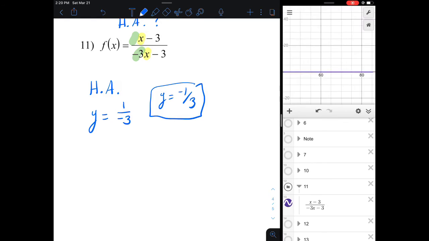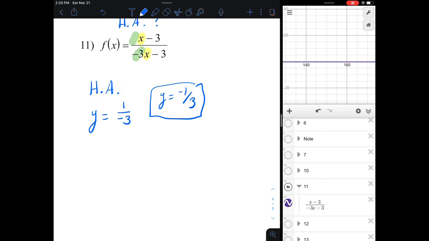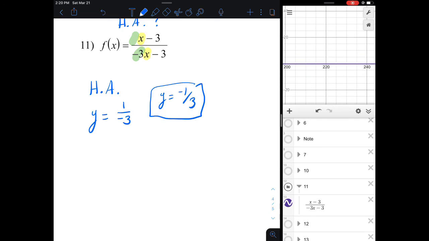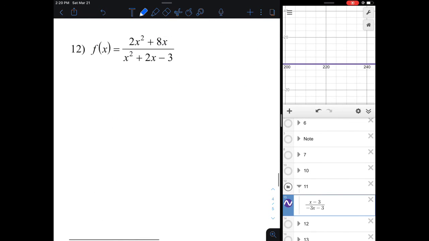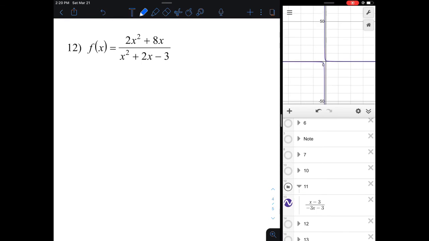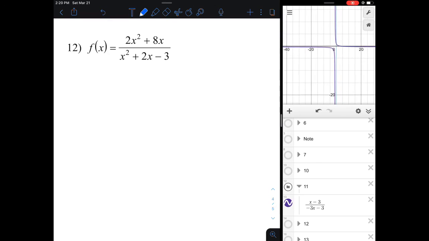And let me get farther over here to the right. Negative 0.325. Negative 0.327. So it's inching its way closer and closer and closer to negative 0.3 repeating. Now these problems are almost easier to do by hand than they are to type them in and look at them graphically.